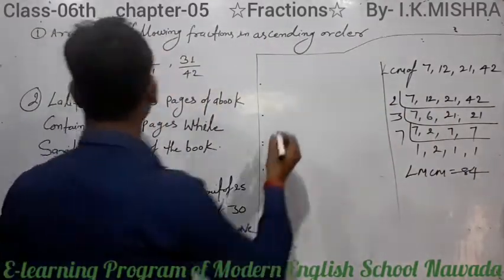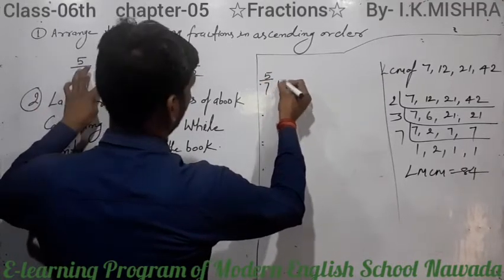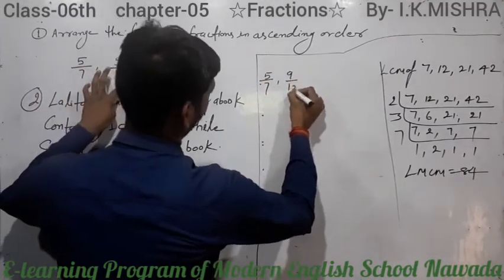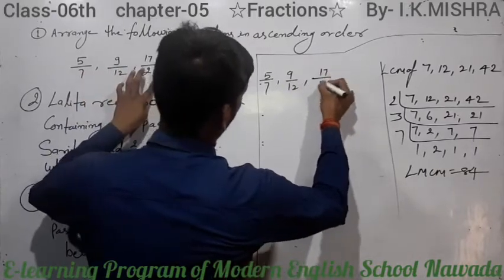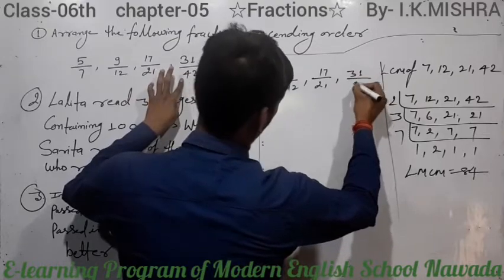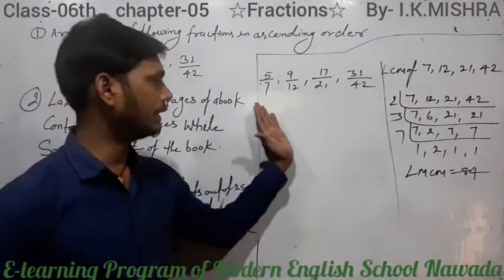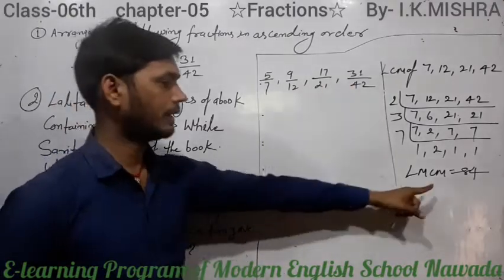After that, write 5 by 7, 9 by 12, 17 by 21 and 31 upon 42. First of all write the denominator of all of these as 84.